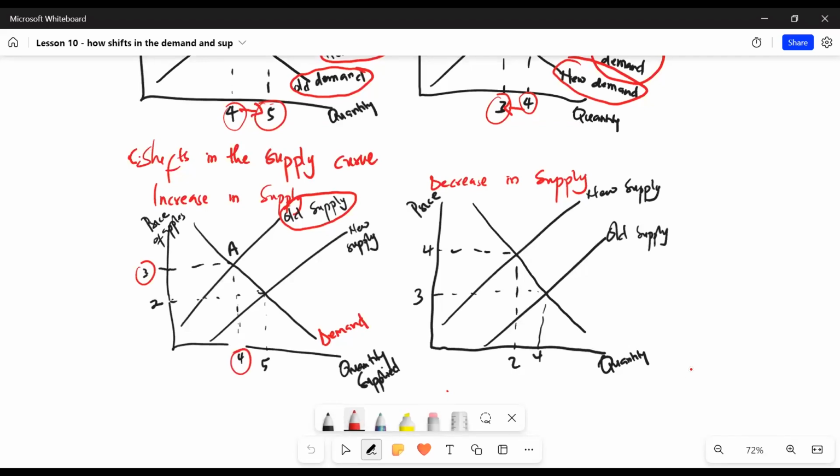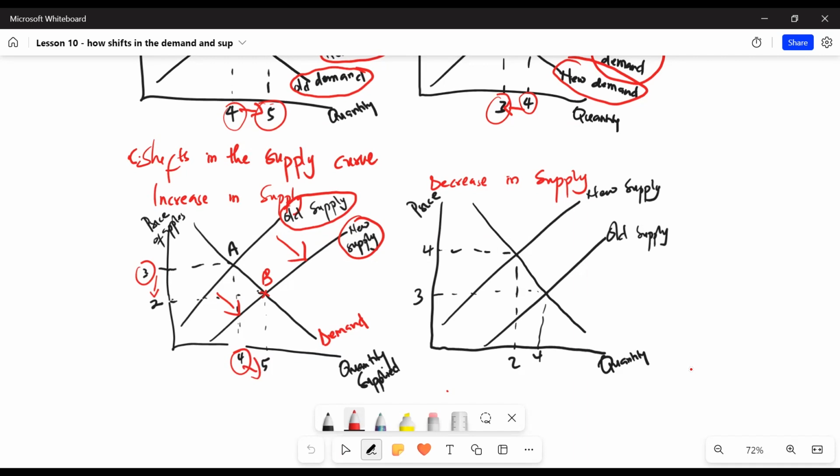If any of the factors listed above changes in such a way that it induces suppliers to increase their supply of the good, then it's going to cause this supply curve to shift to a new supply curve here. Now this moves us from equilibrium point A to equilibrium point B. At this equilibrium point B, we see that prices have reduced from 3 to 2, but quantity has increased from 4 to 5.